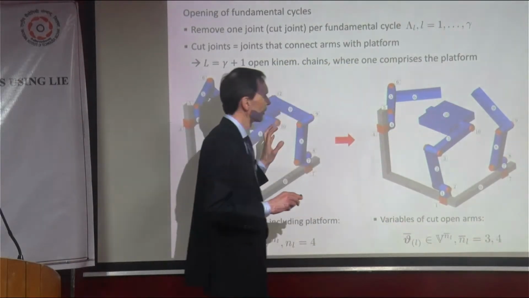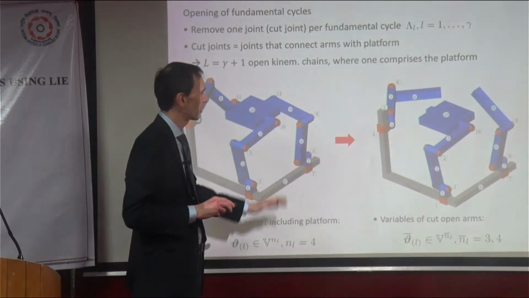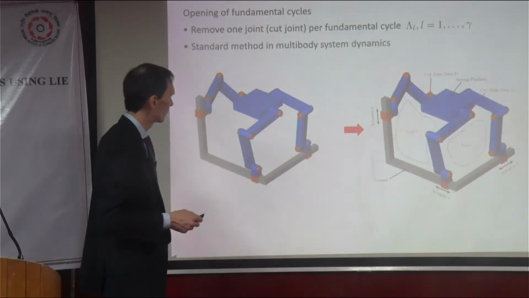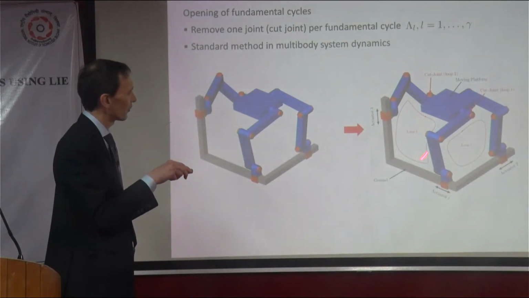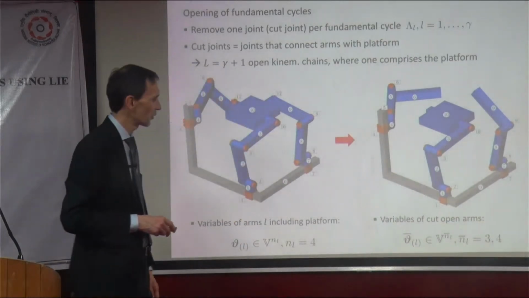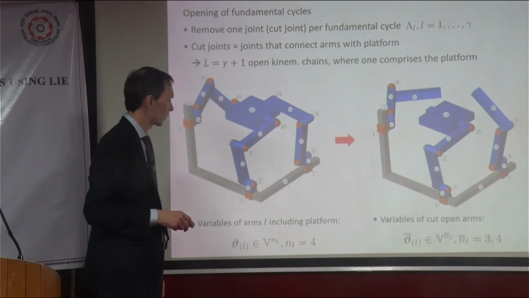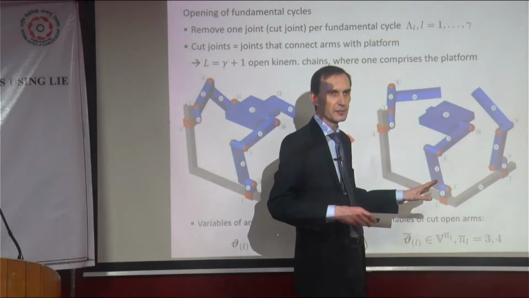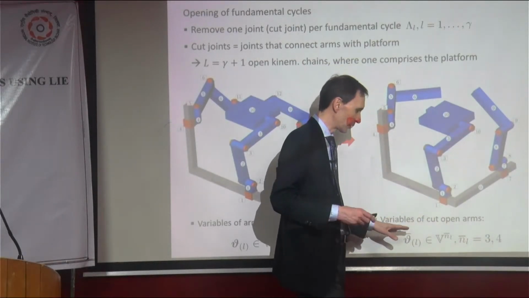So that's why we go back to this idea of saying, okay, we eliminate the cut joints in our topological graph. So let's say we have the two loops here. We eliminate this one and that one, for example, and then we're ending up with this kinematic tree structure. And then, of course, we have the joint coordinates. They are different now. Again, new notation.